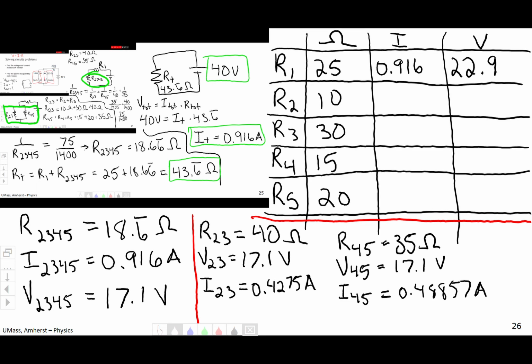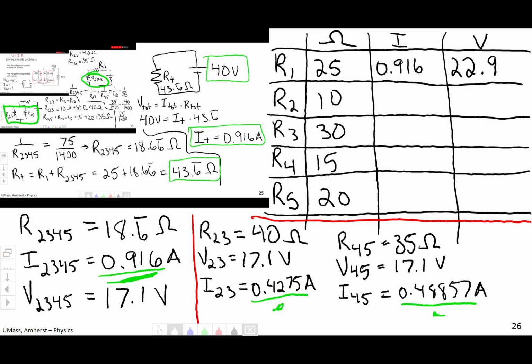And then, as always, we can do a sanity check. Kirchhoff's rule says that we have to have the same amount of current going into and coming out of a junction. That means these two added together should equal this one over here.